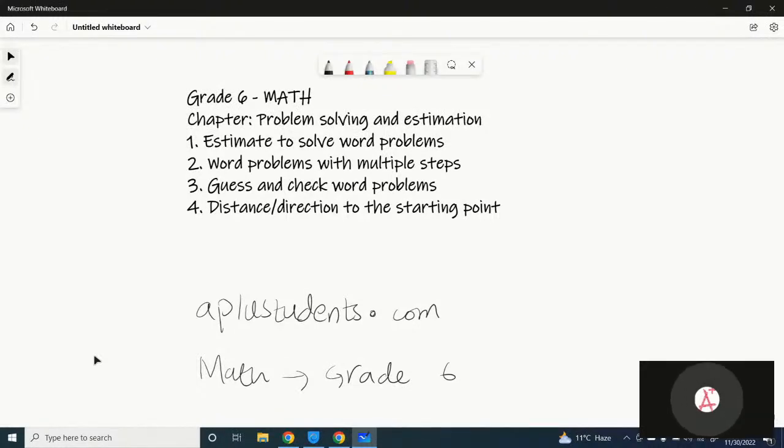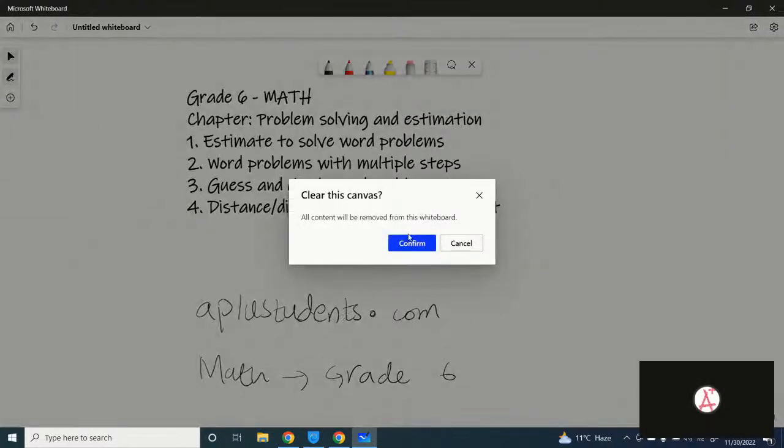Let's start with the first topic, that is estimate to solve word problems. Let me write down the lesson name. Estimate to solve word problems.